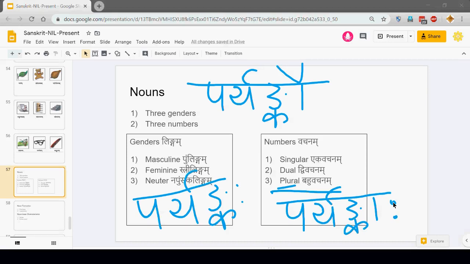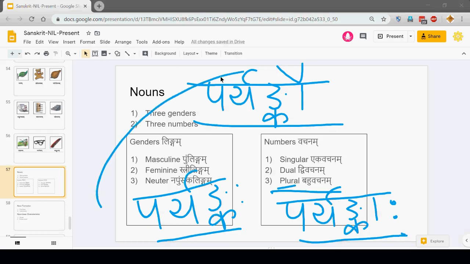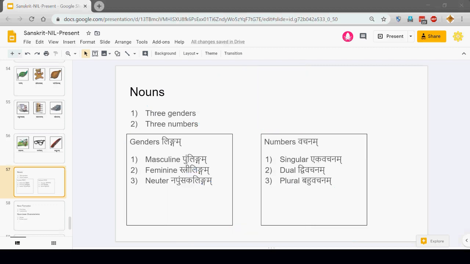Paryankaha, one bed. Paryankau, two beds. Paryankaha, more than two. It could be 1,000, a million, anything. Note that the linga doesn't change, because linga is for the word. These different forms just indicate the number, one, two or more than two. Everywhere the gender remains masculine for this word.